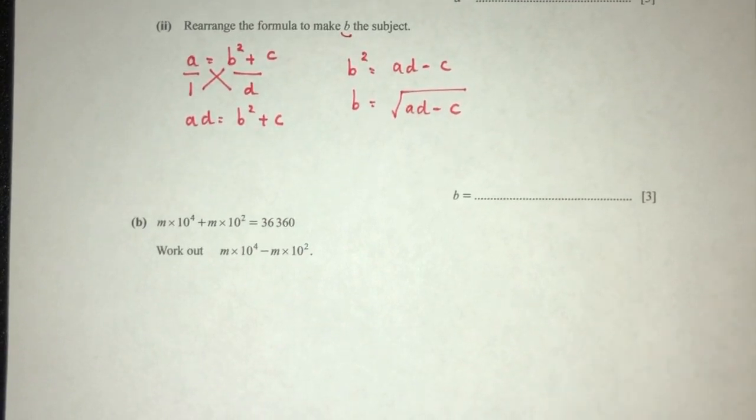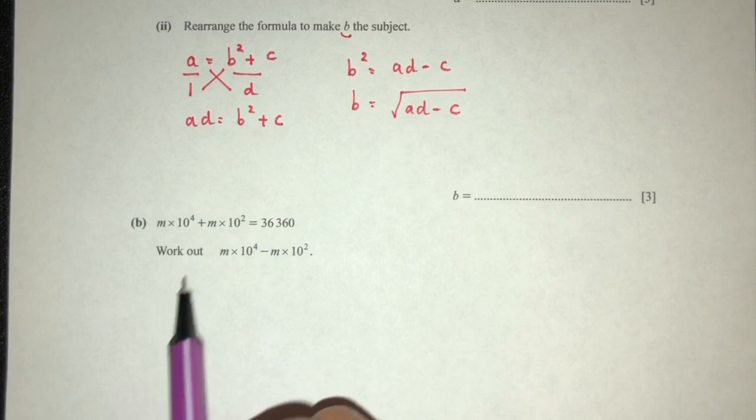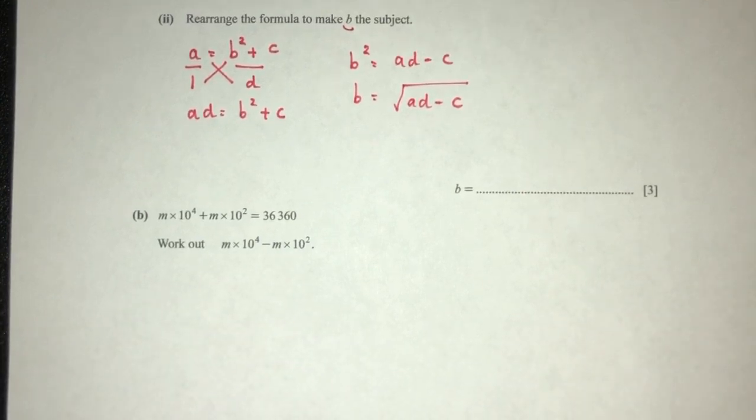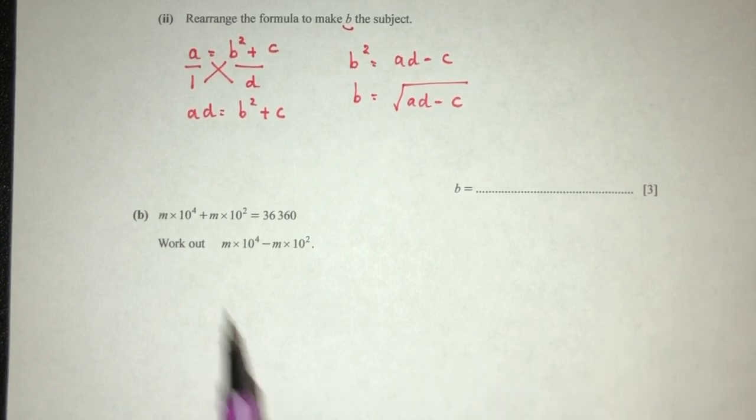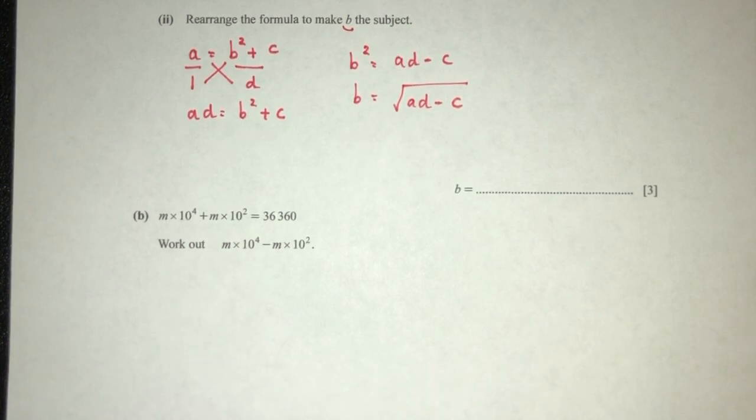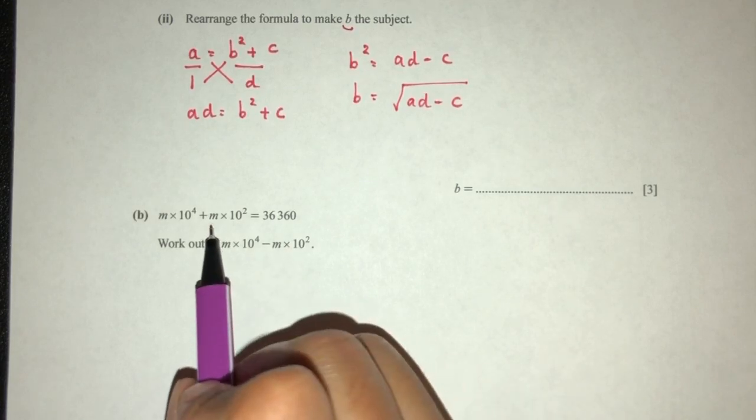Now for part b, m this plus this is this. Work out this. So let's find out. How can we find this? So let's think about this. So m times 10 power 4. Here we have, or we can just try to use substitution. Yeah, why not? So let's make this the subject.